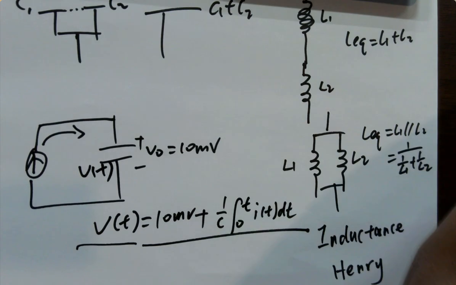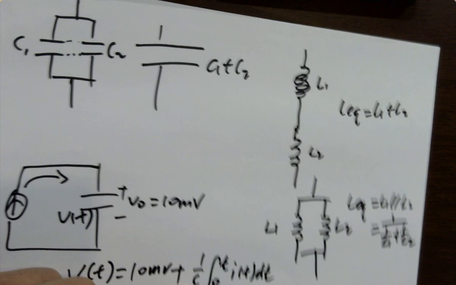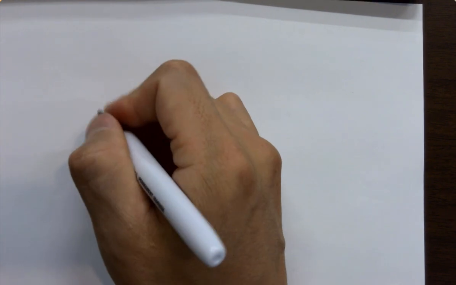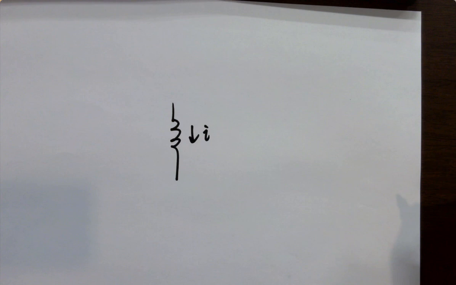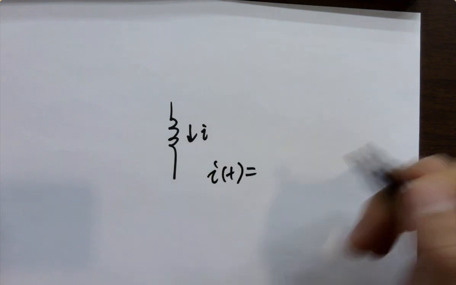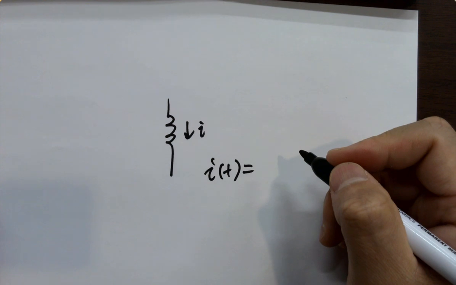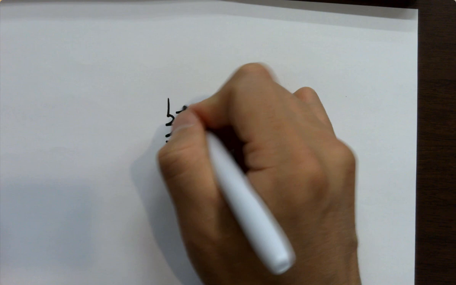Same for the inductors, it is able to store an initial current as well. So the final current equals the stored initial current. Stores the initial voltage, I'm sorry. Stores the initial voltage across.